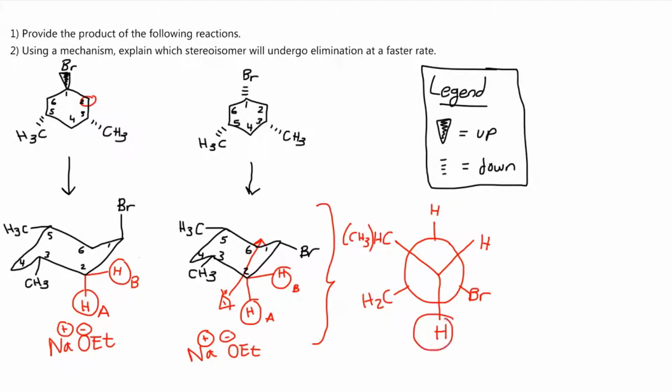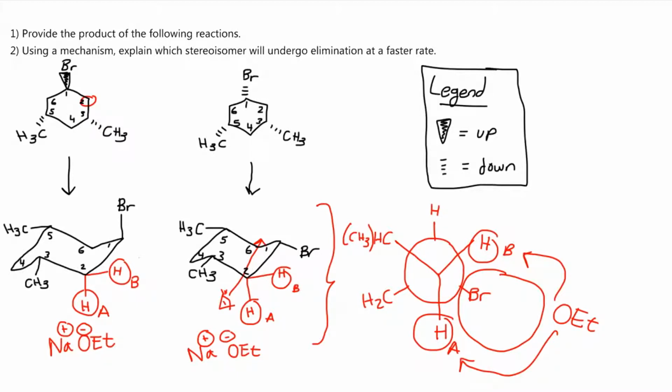This is hydrogen A, and this is hydrogen B. If the ethoxide were to attack either hydrogen, there's still a bromine over here that's going to be conflicting, and the bromine is a bigger atom than the hydrogens. So if you draw it like this, it's apparent that there's going to be a repulsion effect between the ethoxide and the bromine. You see here, the ethoxide would have difficulty accessing these hydrogens. So this is something to keep in mind when comparing both molecules.